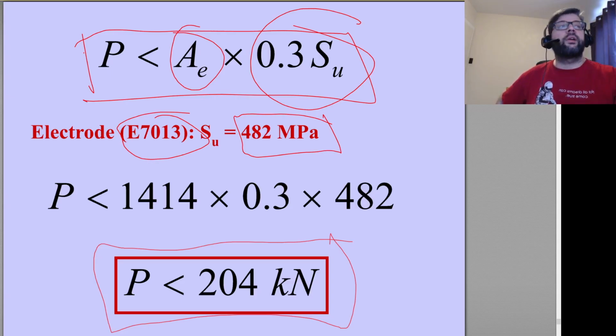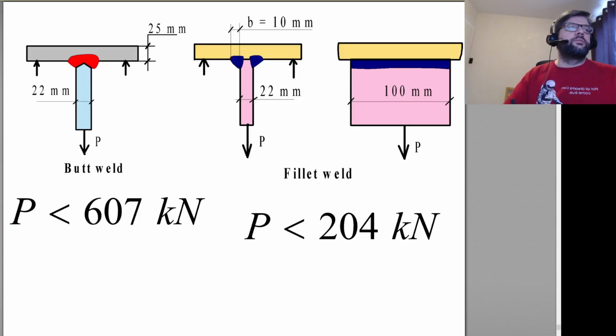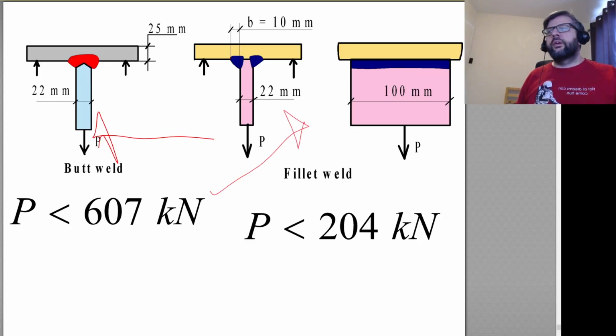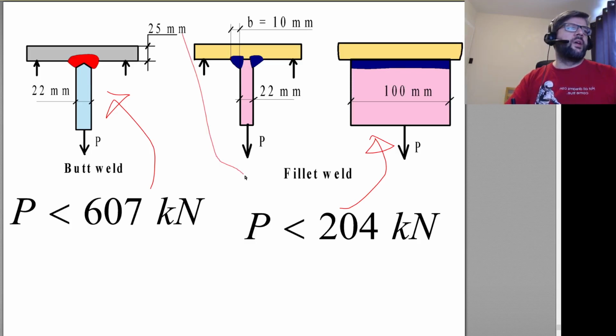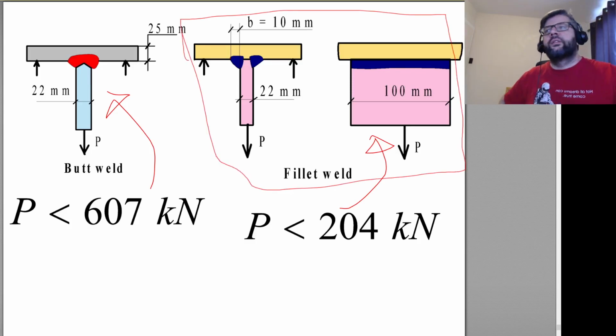It's going to be a hell of a lot quicker to make this weld than a through thickness T butt weld. And if that load is a reasonable value larger than the load that we actually want to be carrying, that can be perfectly suitable. So this is stronger, this is quicker. Oftentimes this may be the better design.